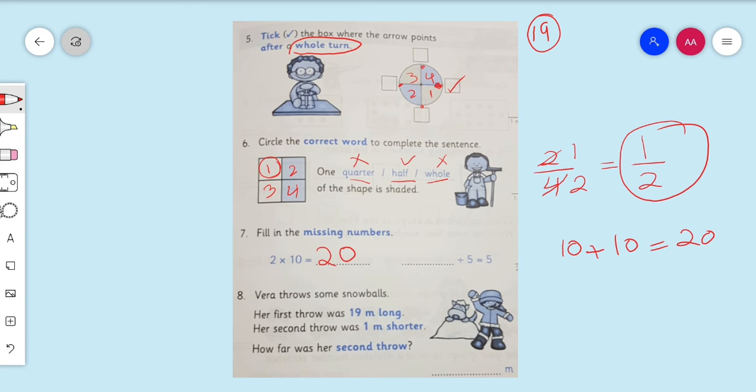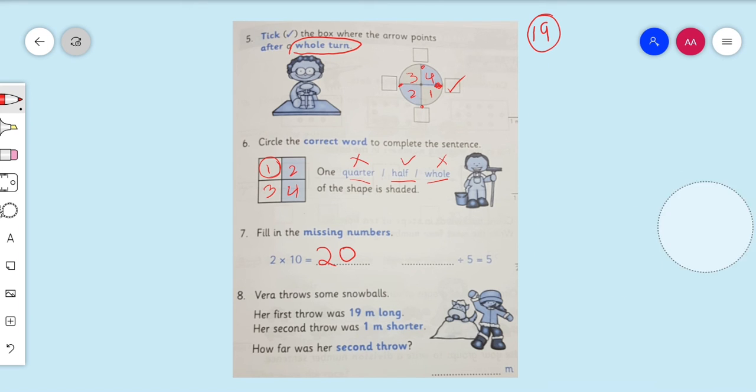And then the next question is, something divisible by 5 gives an answer 5, right? So that's a little complicated if you don't know the timetables of 5.